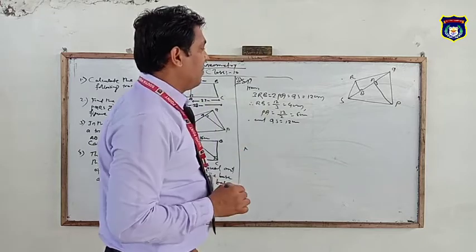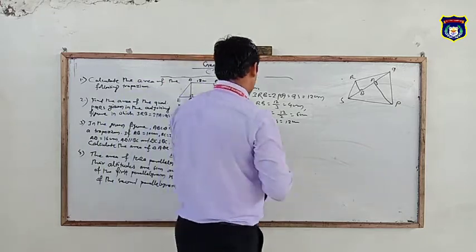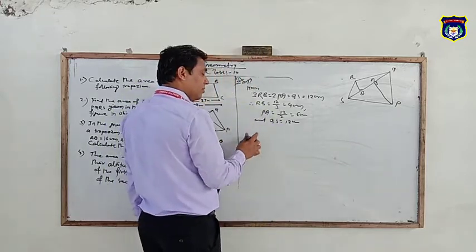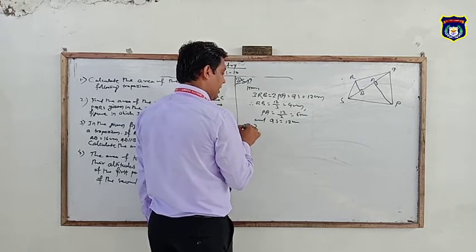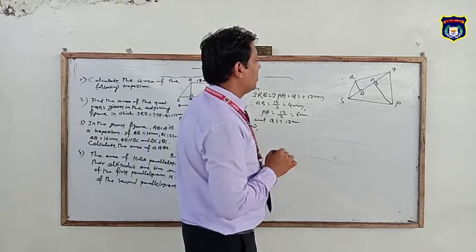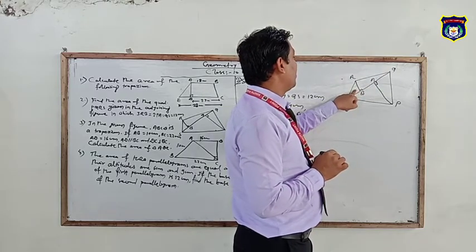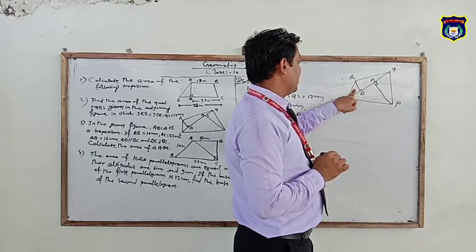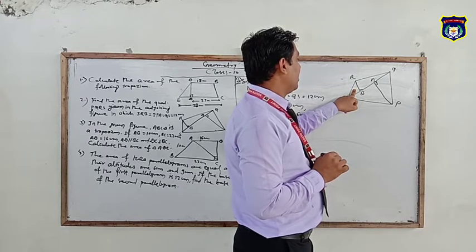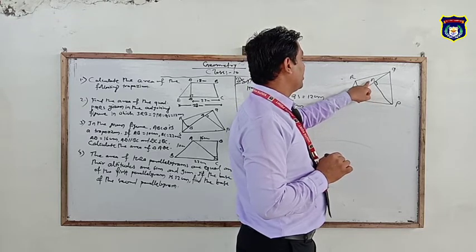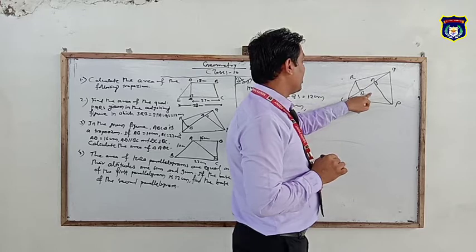This is a quadrilateral PQRS. What is the area of the quadrilateral? We know area of quadrilateral is 1 by 2 into sum of perpendicular lines which are situated on the diagonal, into diagonal.